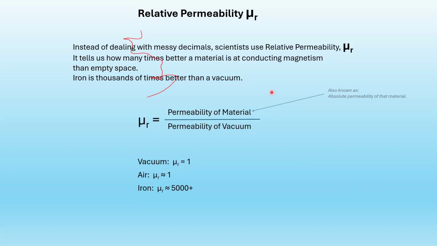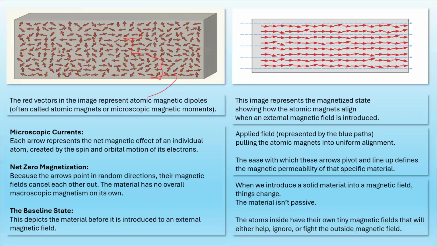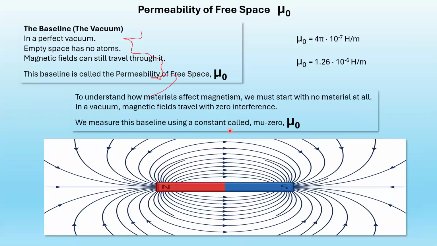All right, relative permeability is designated with the mu with the designation of r for relative permeability. It's the permeability of a material compared to the permeability of vacuum. And do we remember what the permeability of the vacuum is?